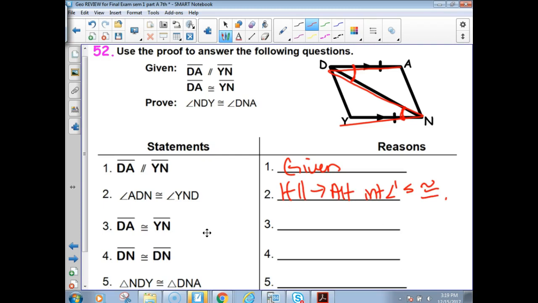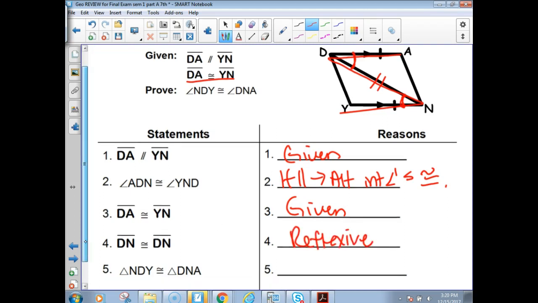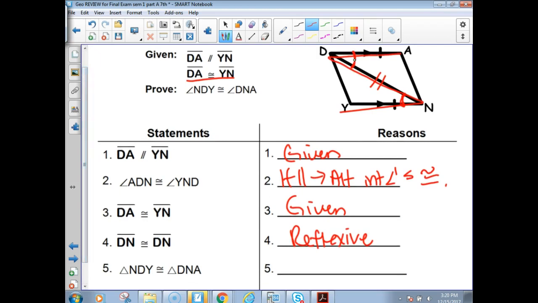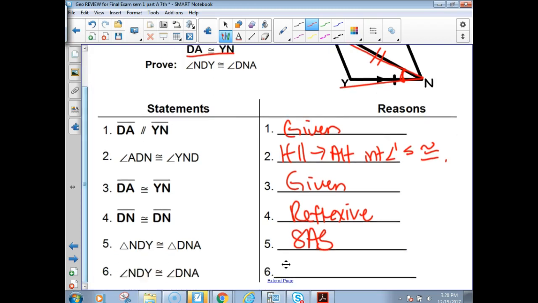All right, why would DA be congruent to YN? It's given. And it's already marked on the picture. Now DN's congruent to itself, reflexive. And now the triangles are congruent by a side, an angle, and a side. And now all other parts are congruent by corresponding parts of congruent triangles are congruent. CPCTC.